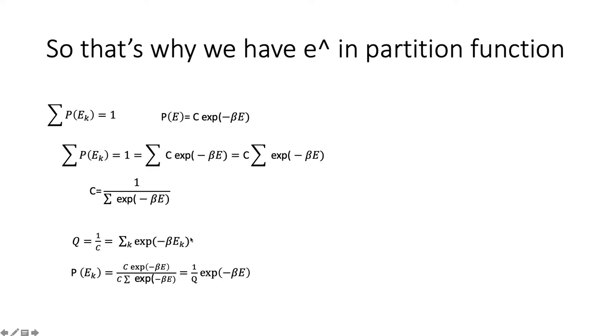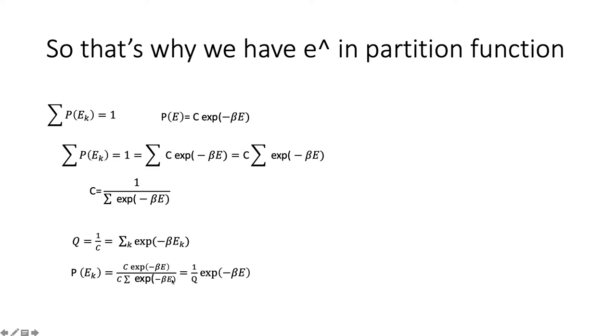And we know that. So our original goal was to find the probability of finding an ensemble in the energy Ek, and so that will be the probability of E over the sum, which will be 1, right?